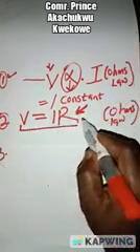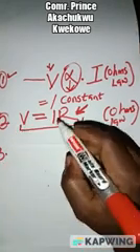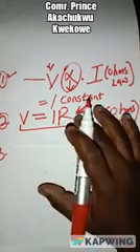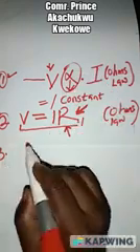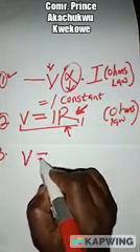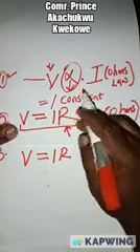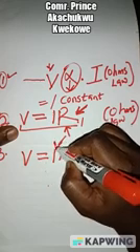Sometimes in Ohm's law, V might not be the subject of the formula, but this is the primary formula. Since we know that V is equal to I R, let's assume that now we want to make I the subject of the formula.